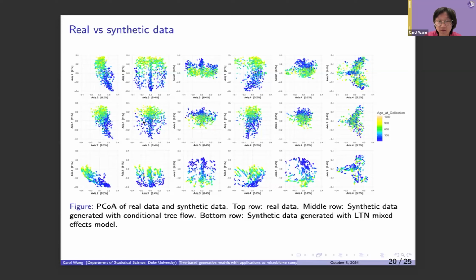The synthetic data generated from the nonparametric normalizing flow are actually closer to the real data. However, it is more challenging to incorporate other design features like the longitudinal sampling into the nonparametric machine learning models. So those are the two classes of models that we have considered for microbiome data generation.